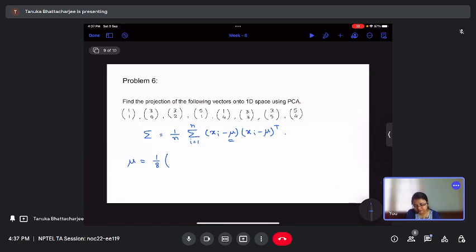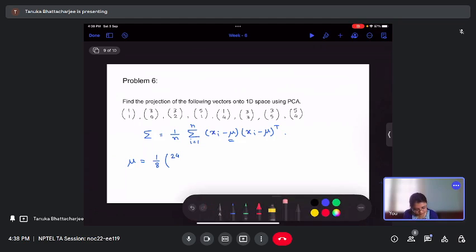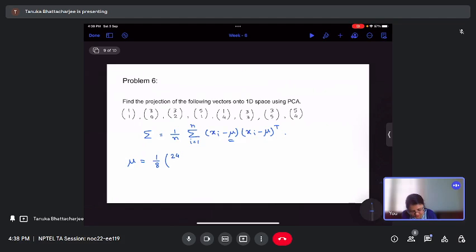That will be 24, 20. So, this will be equal to 3, 2.5. The mean vector mu is given as (3, 2.5). This is the mean vector.